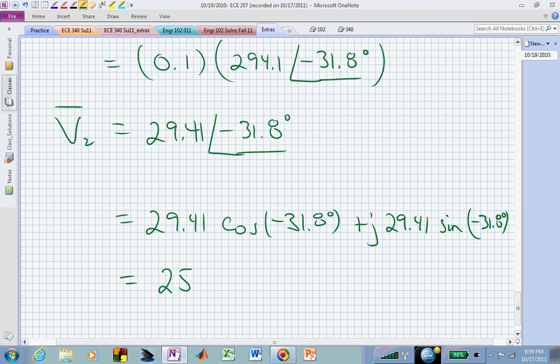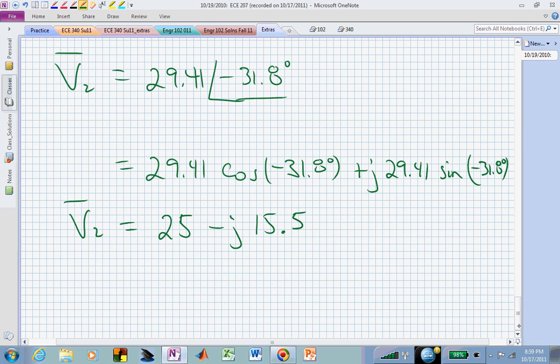Now we have the sine of minus 32 approximately. Sine of a minus angle is minus the sine of that angle, and we now end up with minus j 15 approximately. Actually, maybe 15.5 would be a closer approximation. That's now V sub 2.